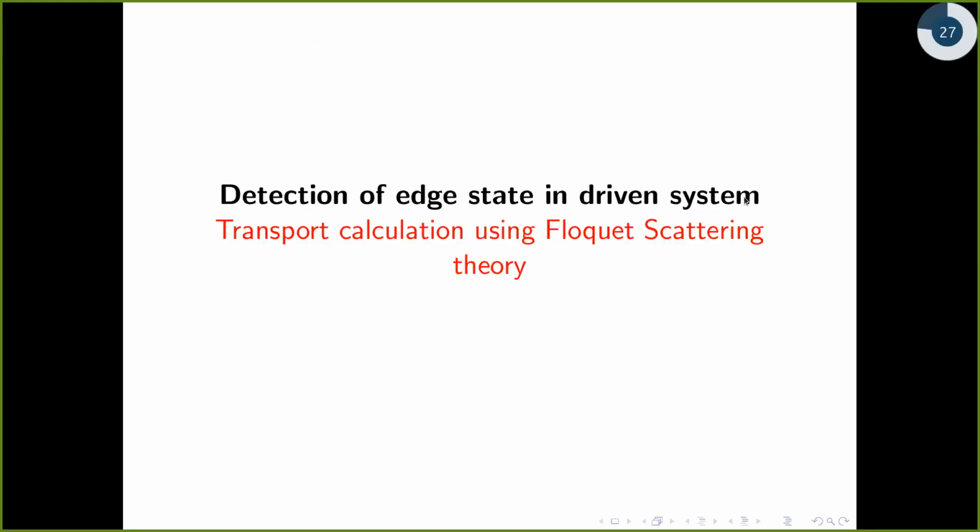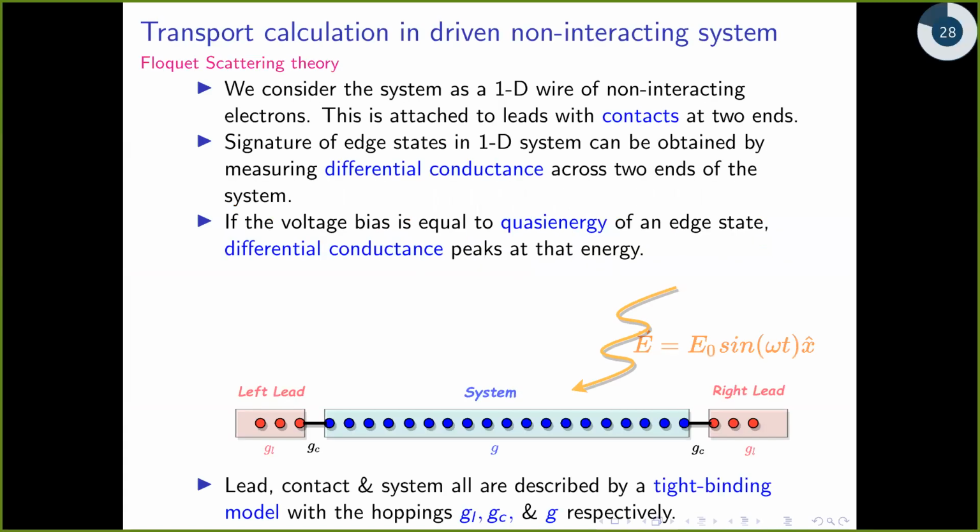Okay, so now I would go to how you can detect the edge states in a driven system. This is done by transport calculation, and since the system is driven, I have to use a theory called Floquet scattering theory. What I did is the transport calculation for the non-interacting system only, because that's a little easier.